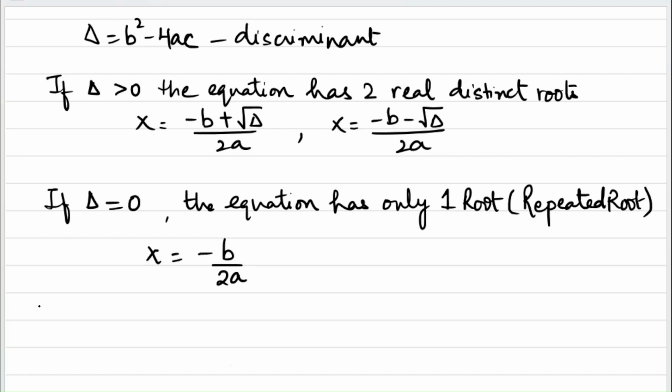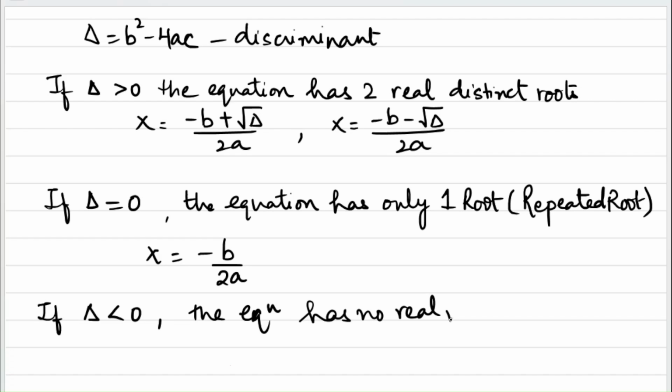In the last case, if delta is less than 0, then the quadratic equation has no real roots. It has no real roots means it has no solutions in the real number system. Why is it so?